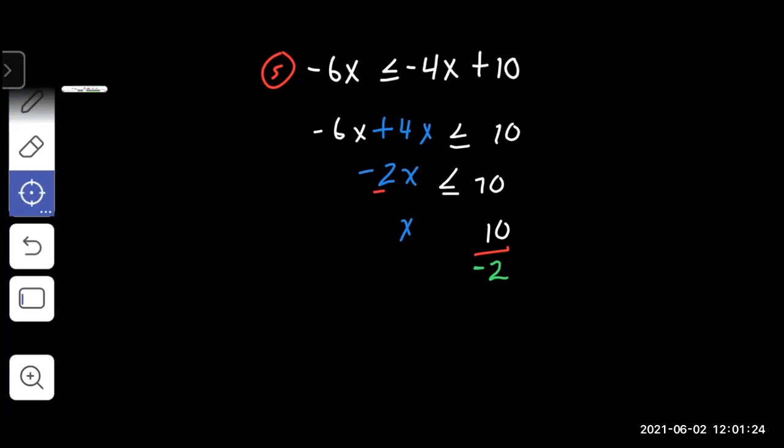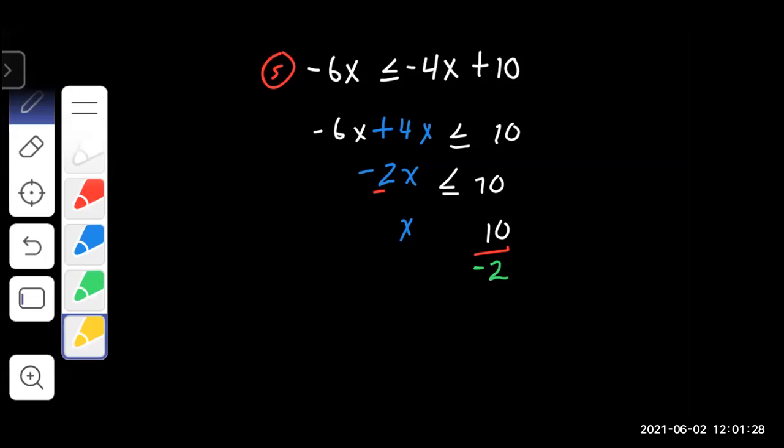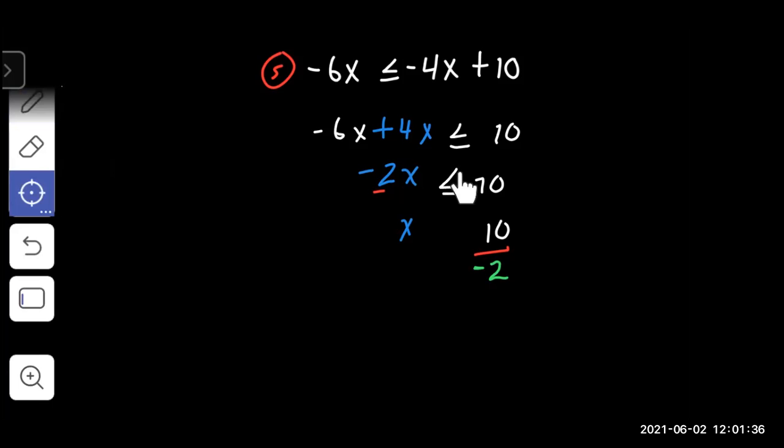I have a question. Tell me. We only have to change it if it is less to greater, or only if it's greater to less? No, whatever it is, even if you have this little line or not, you have to flip it.